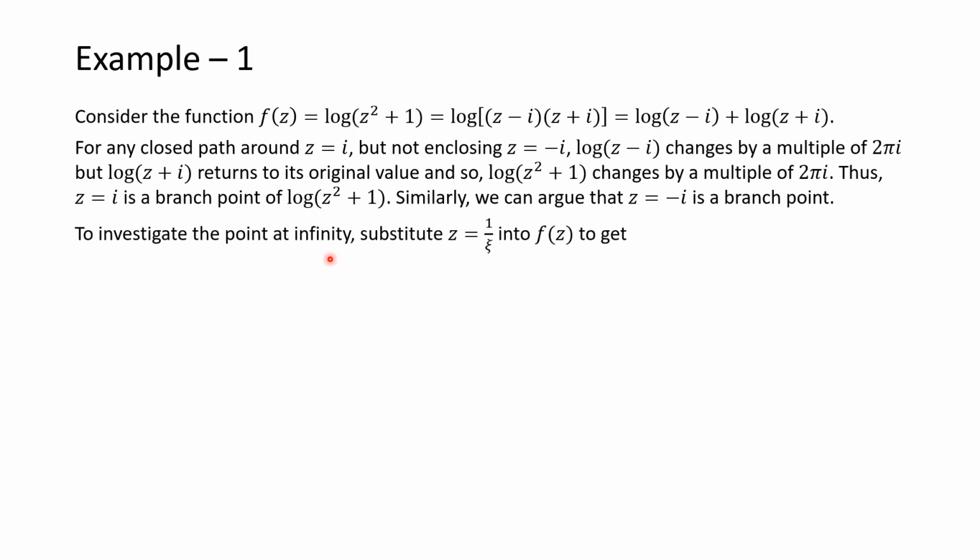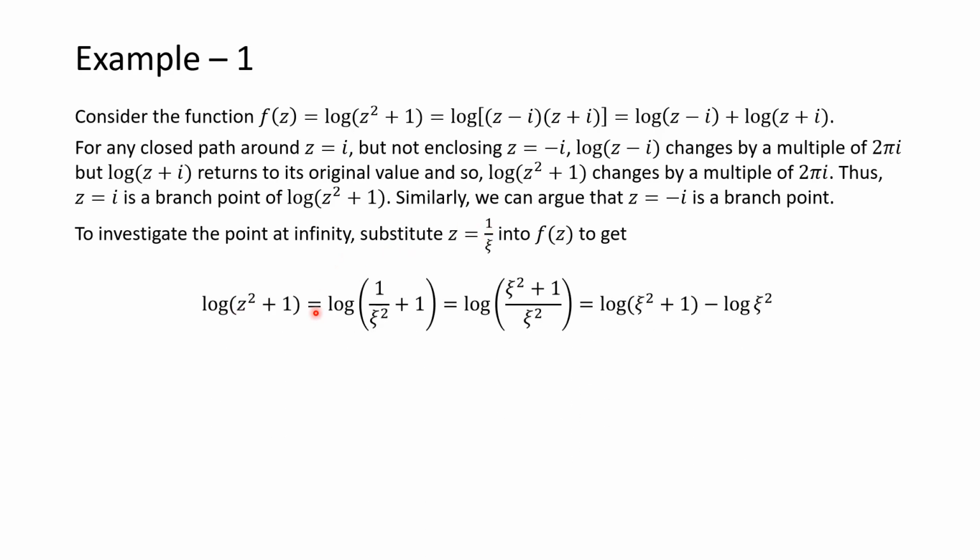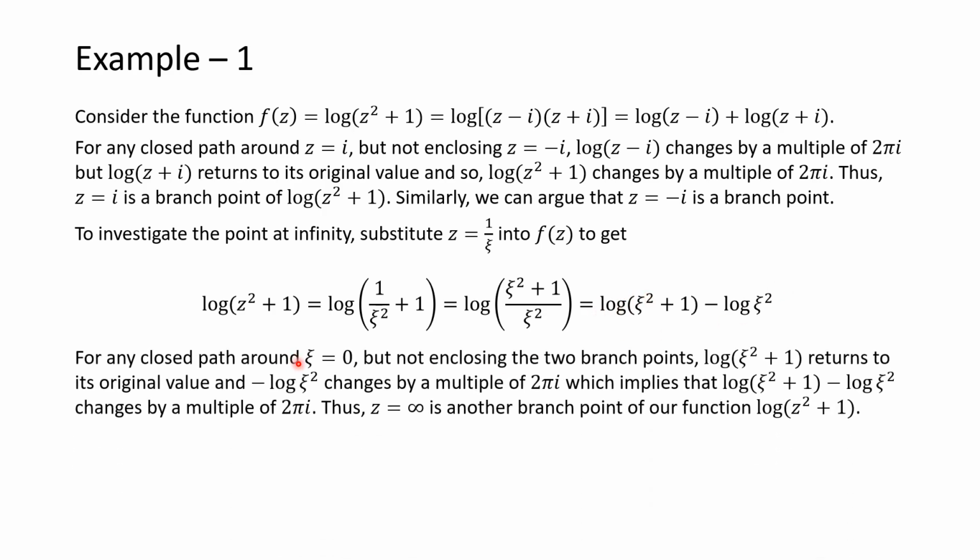We can do the analysis at the point at infinity. We substitute 1 over z and get this expression here. We just plug in the term, get a common denominator, and then use the properties of logs. So if we analyze z equals 0, and not plus or minus i, so we take a closed curve about 0 but not plus or minus i, then this term returns to its original value, but the minus log of z squared changes by multiples of 2 pi i.